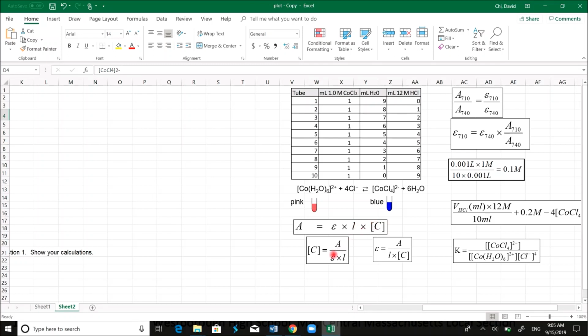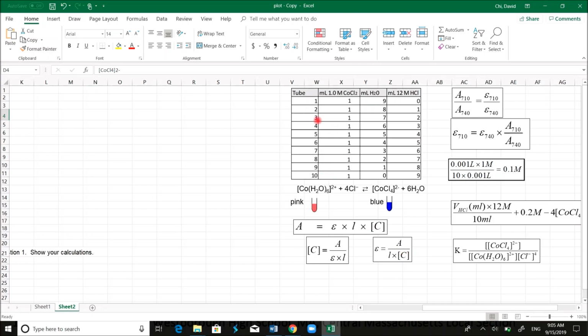The concentration is therefore equal to the absorbance divided by the extinction coefficient and the length of the cuvette. To use this equation, you have to know the extinction coefficient, which we can calculate by absorbance divided by the length of the cuvette and the concentration. Therefore, to calculate the extinction coefficient, we need a solution of known concentration.